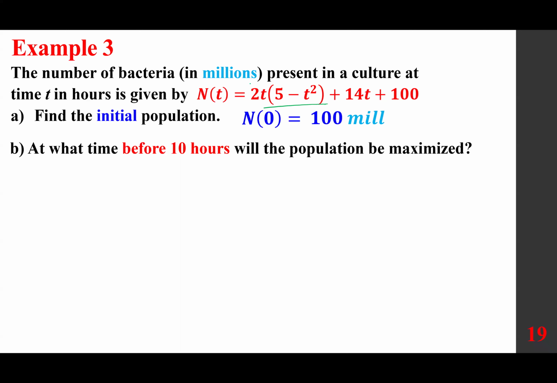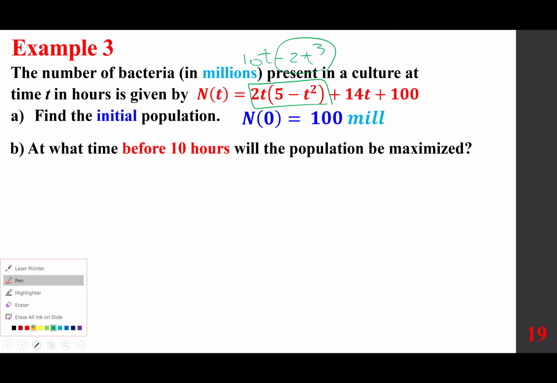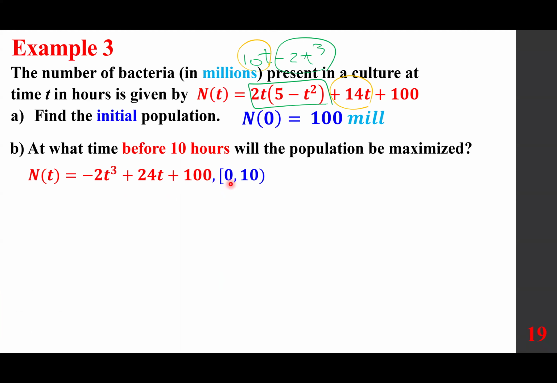This becomes 10t minus 2t cubed. I put this one first. I add these two, and I get negative 2t cubed plus 24t plus 100, going from 0 to 10. 0 is included, 10 is not.